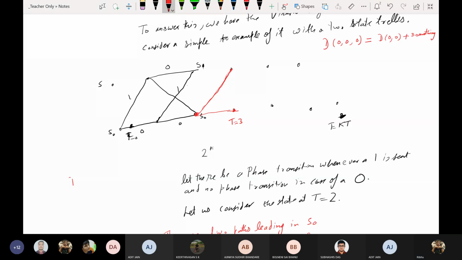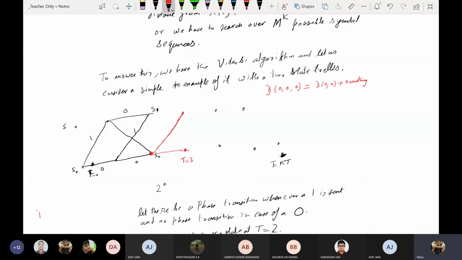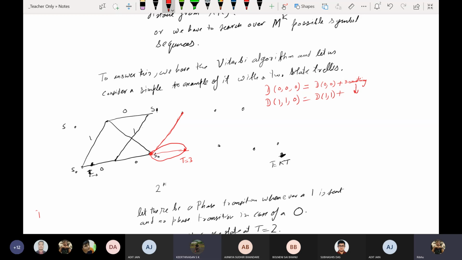And D110, plus the same something, because it will be the distance over the same path, right? So right now we are given, like if we wrote the integral from 0 to 2, the next something will be running from 2 to 3. The same integral from 2 to 3 in both the cases, right?